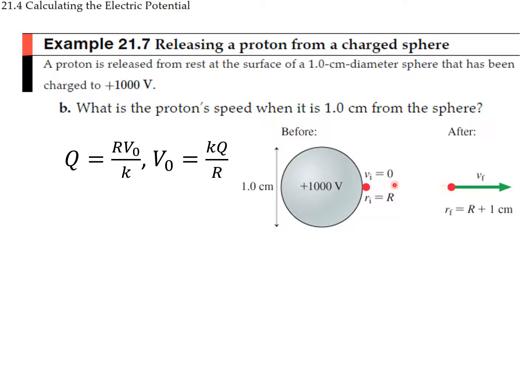Again, we have conservation of energy. Initial kinetic energy is going to be 0, and the initial potential is going to be 1000. Later on, it's going to have some potential and some kinetic energy, and out of that equation we can solve for the speed.